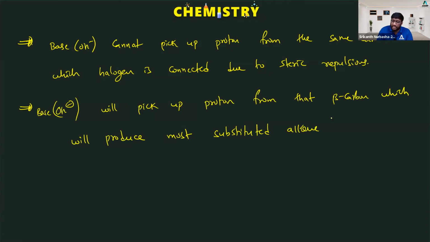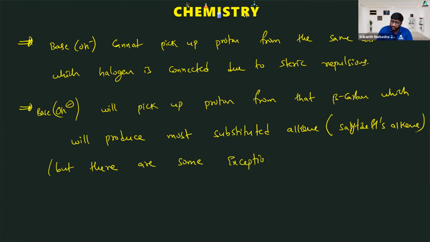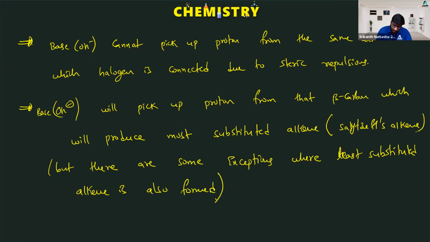The most substituted alkene is nothing but Saytzeff's alkene. But there are some exceptions to the above statement, some exceptions where Hoffman's alkene, the least substituted alkene, is also formed. We'll discuss those exceptions.